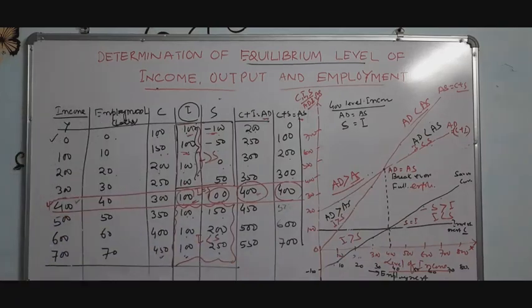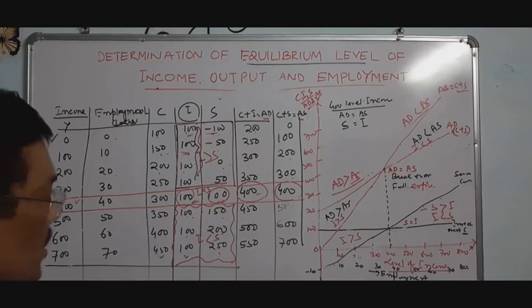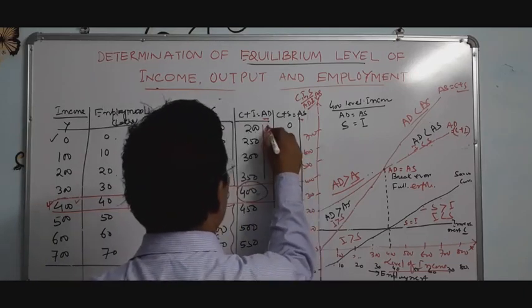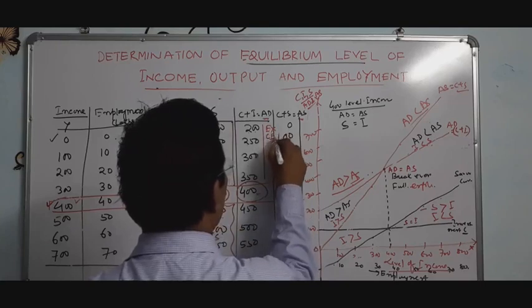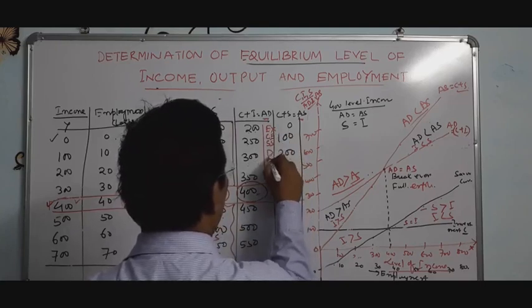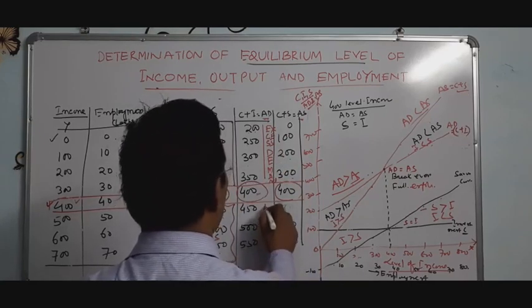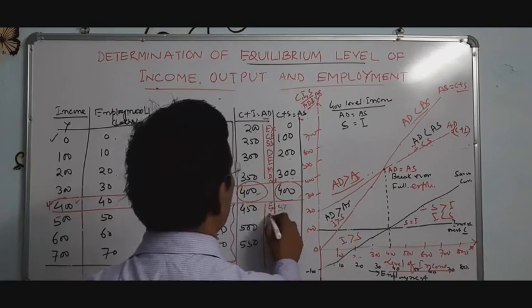So when AD is more than AS, it means employment is increasing, consumption is also increasing, investment also remains same, but up to that 400 level of income, AD is greater than AS. When AD is more, this is called excess demand, and after 400 level, this is called excess supply.